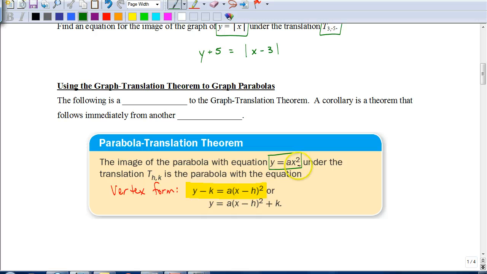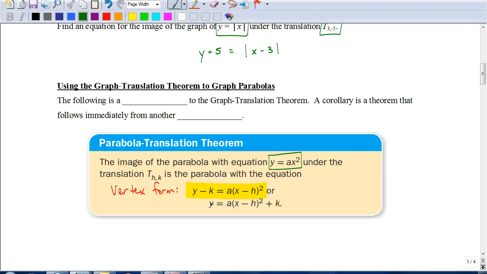I'm going to replace x, though, with x minus h. So it's going to be, instead of x squared, it's going to be x minus h squared. And we're going to focus on just this first form. The other one is very similar, but what they've just done is they added k to both sides and gotten y by itself. But for the purpose of this section, we're going to focus on, like I said, this first equation, y minus k equals a times x minus h squared.